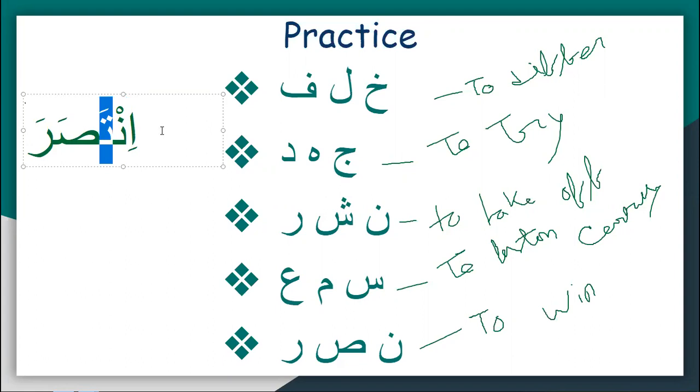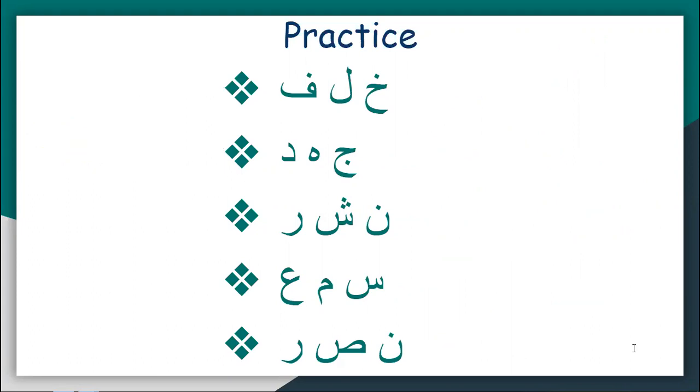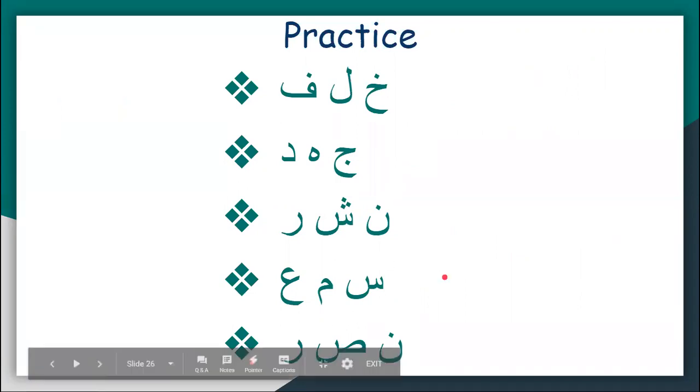So the root is not tasara; alif is extra, ta is extra, and noon, saad and ra is the root. Okay, so intasara is to win. Hope you understand. If you still have any question, you may ask me later on.